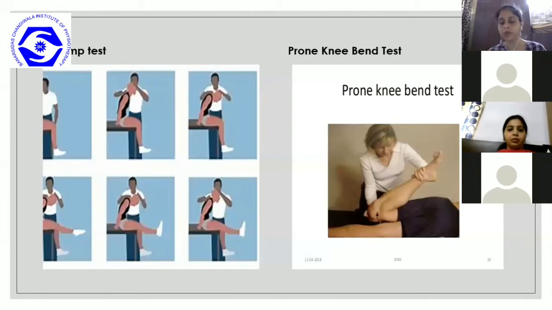This is the optimal position, but this test also has a variant, that is side lying. If the patient is not able to lie prone, then in side lying position, the affected side should be kept upper, and the therapist standing beside the patient will flex the knee and extend the hip. This is almost the same as the quadriceps stretching position.